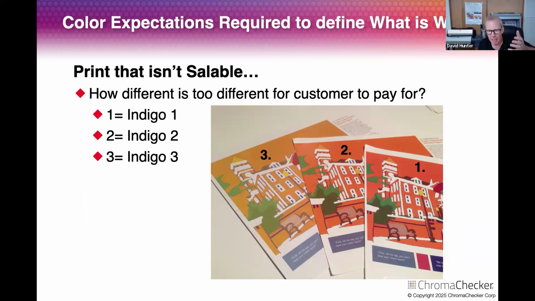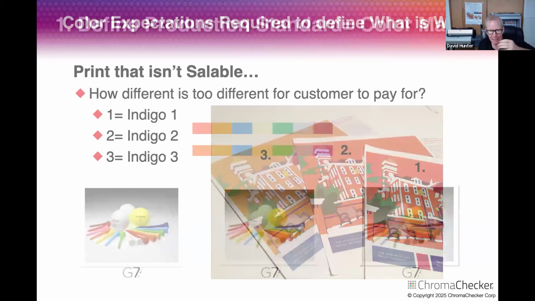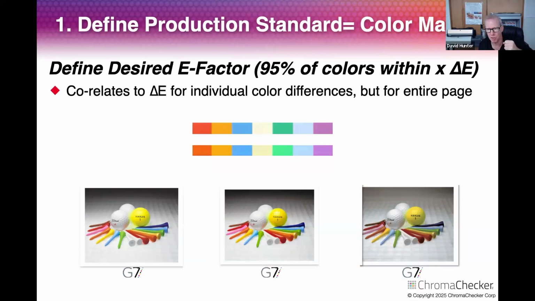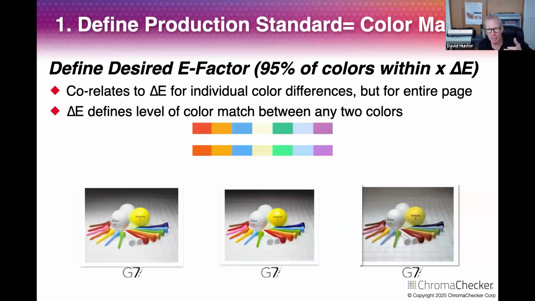This is where E-factor comes in. And E-factor allows us to define essentially a production standard, which correlates very nicely with delta E. So delta E defines the difference between any 2 colors. E-factor allows us to define the color difference between any 2 pages or images.